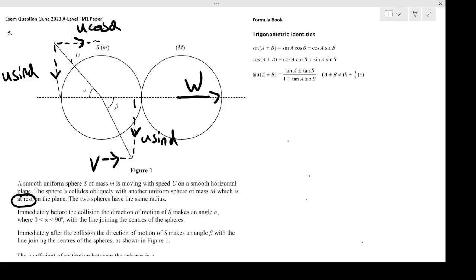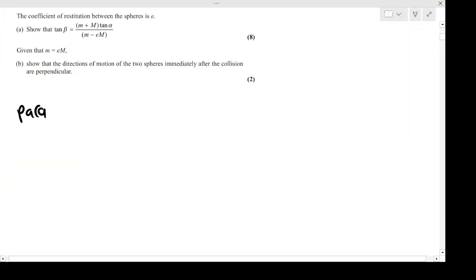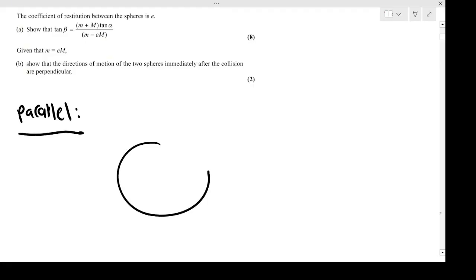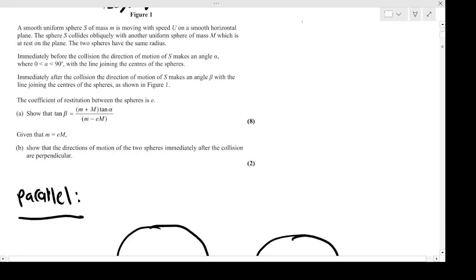So now I can do my usual techniques of considering just the parallel parts. Okay, parallel components, my parallel speeds, if you will. Again, I'm going to do it in 1D now. So what do they call the spheres?